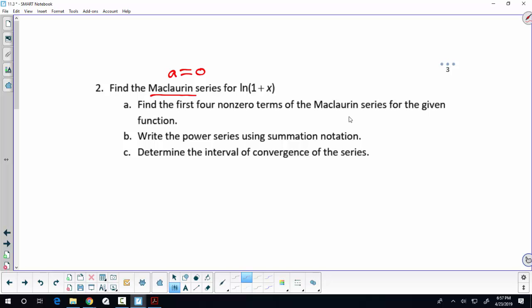I'm taking it fast. I just wrote it. This thing right here.